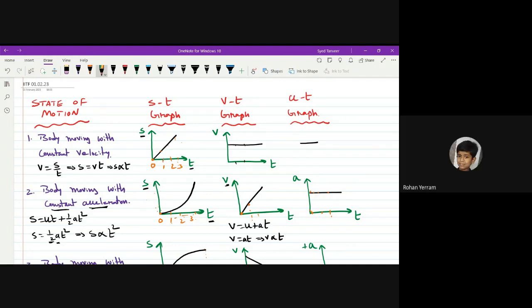Zero, sir. Then even if you go on plotting the time, you'll not get any acceleration on y-axis. Okay, sir. Because A is always 0, there is nothing to represent on the graph. If some quantity changes with some other quantity or there is some definite relation among them, we can show that on a graph. Okay, sir.